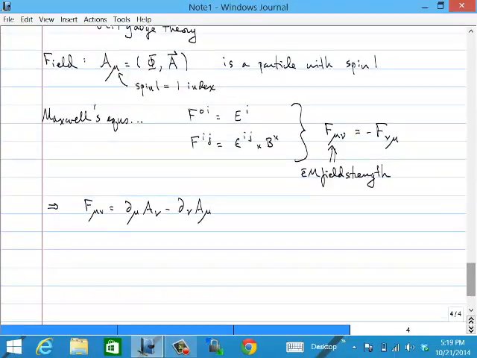One nice thing about this formulation of electrodynamics is that Maxwell's equations are rather simple to write down. One of Maxwell's equations says that the divergence of F^{μν} is equal to the current. So this is the current for the vector.